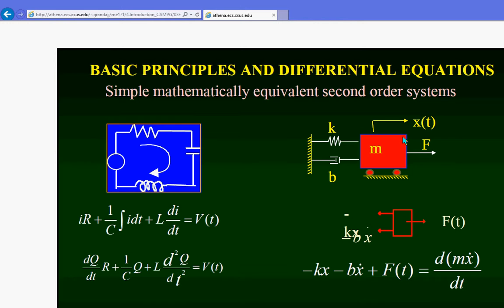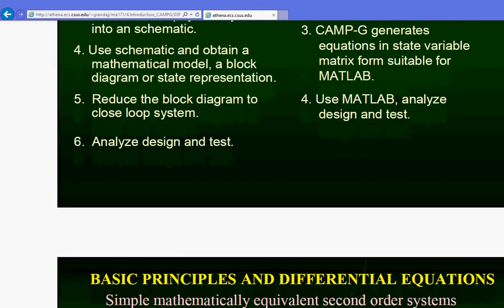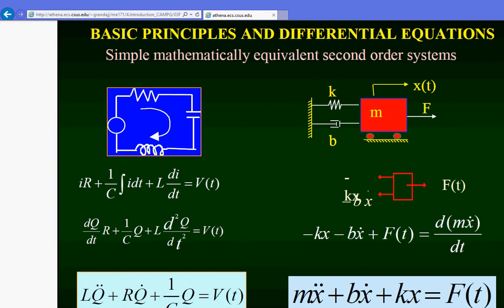We have this system in here that we can say is a basic non-electrical system, and then you write the equations and then you have it in the second order form here. For an electrical system, you could just apply Kirchhoff's laws around a loop, and for this one you will have to use Newton's equation.